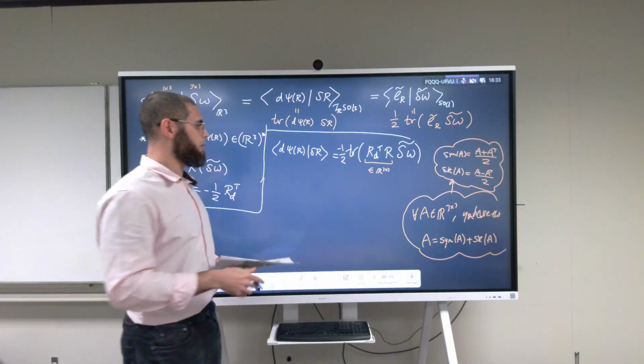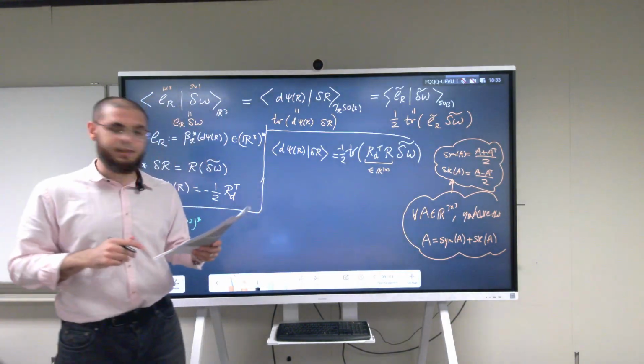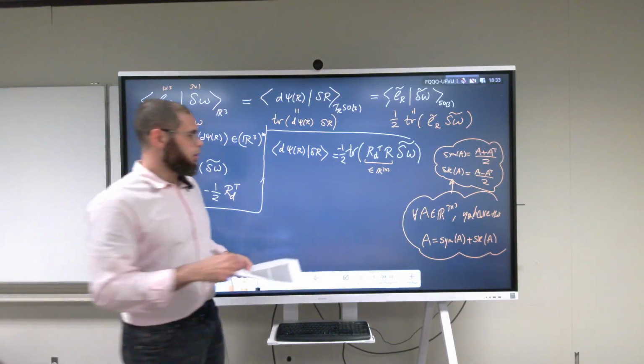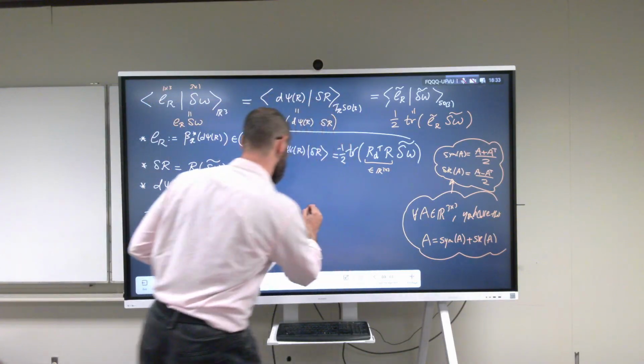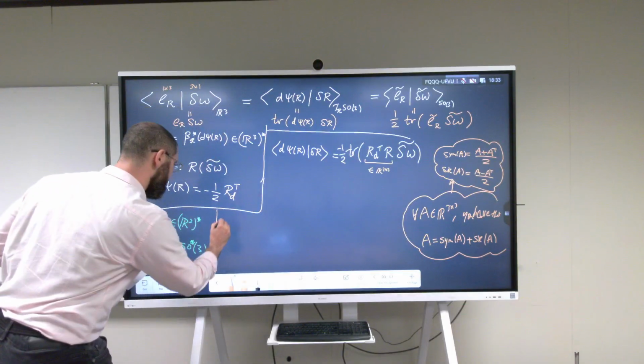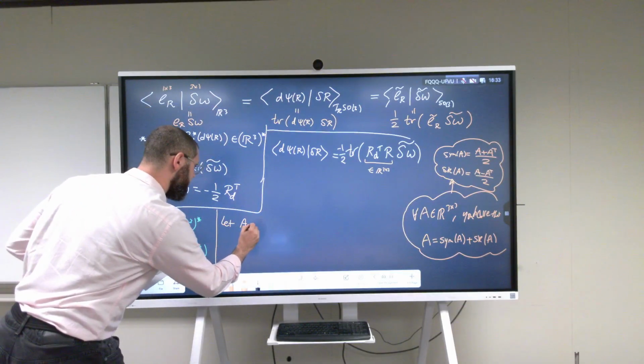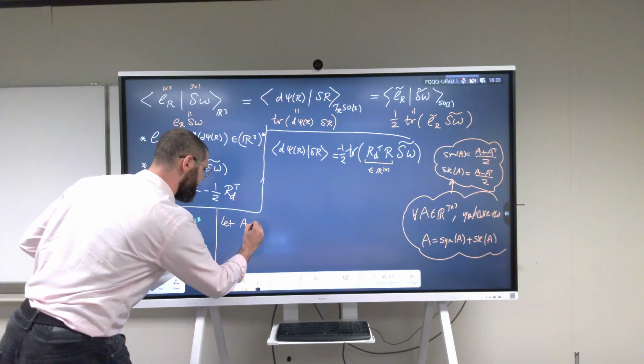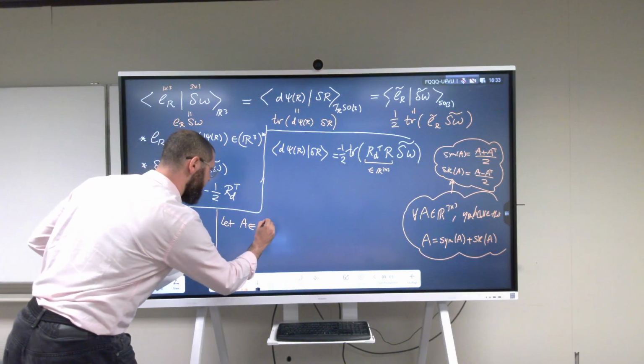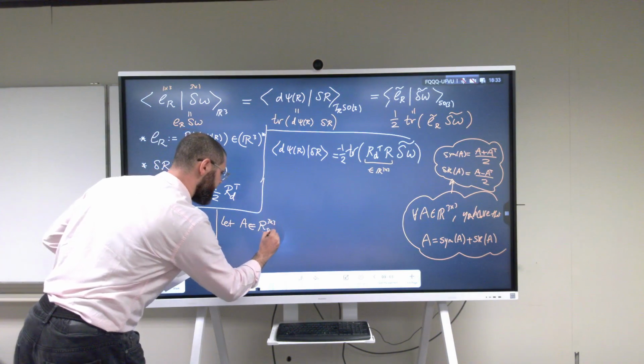So there's another identity. Let A be symmetric, so let it live in R3 by 3, the symmetric part.